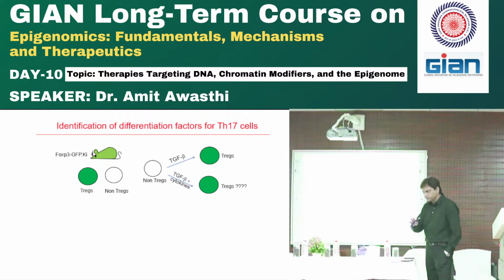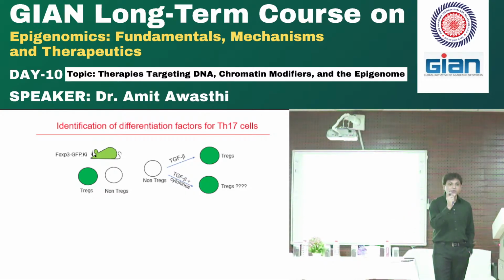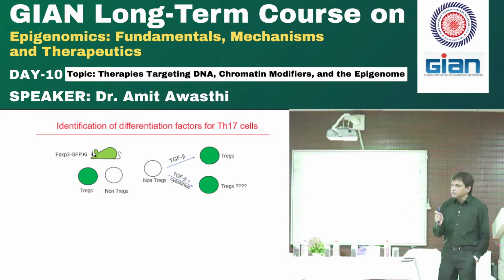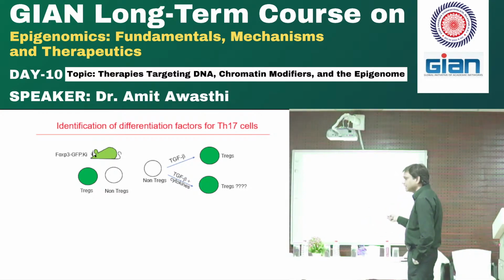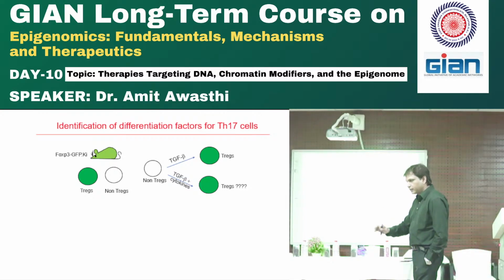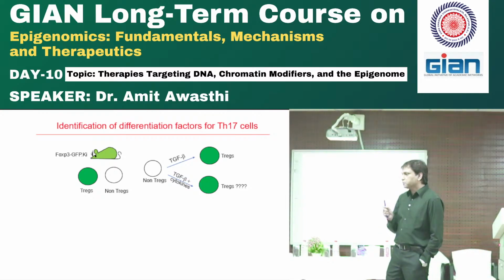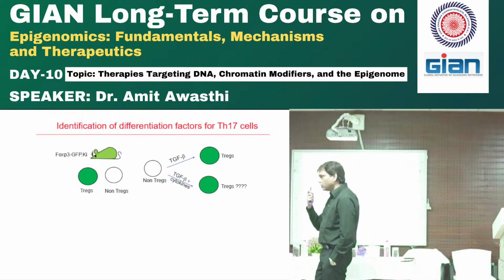It's so important. So people have created a mouse called Scurfy mouse, in which there is a naturally occurring mutation in the FOXP3 gene. That means FOXP3 is not expressed, and as a result the Treg cells are not generated, and mice die in 4 weeks.